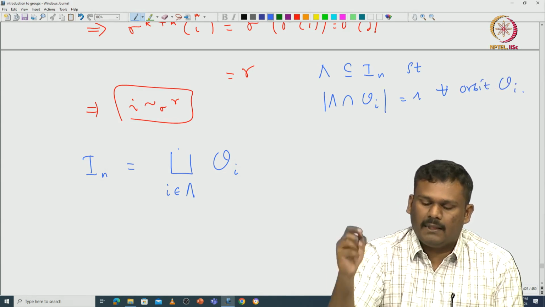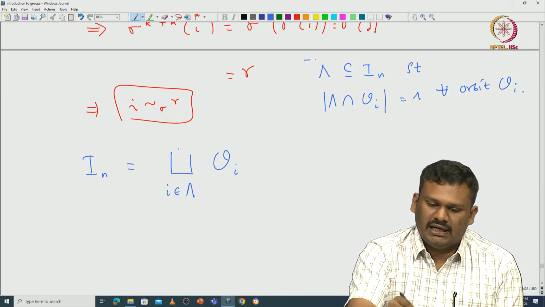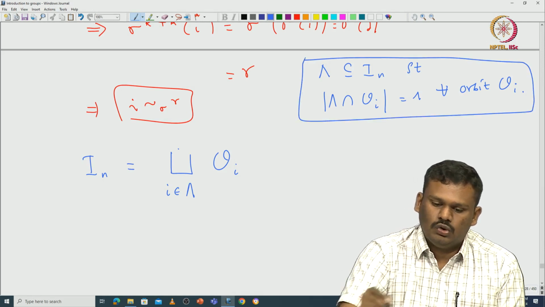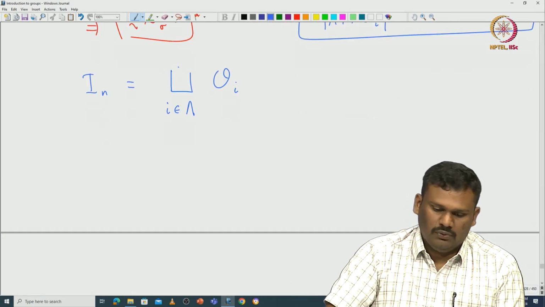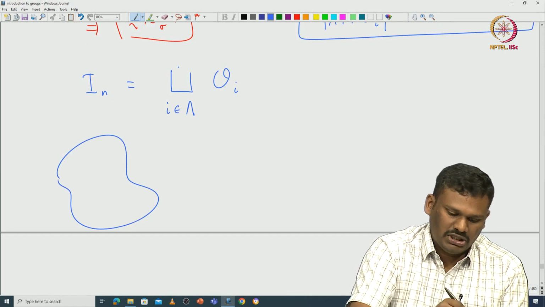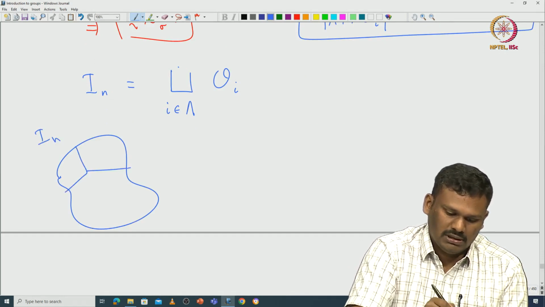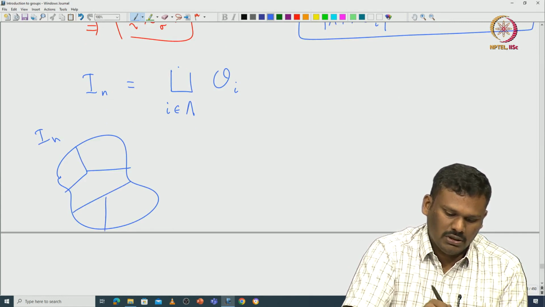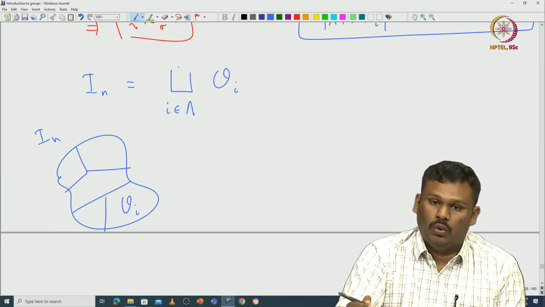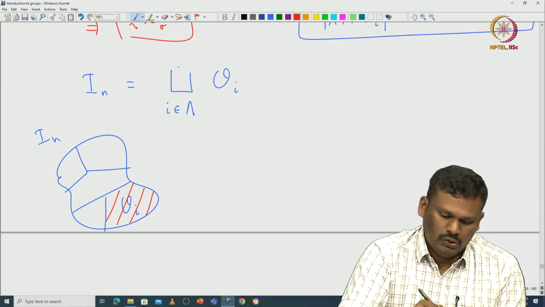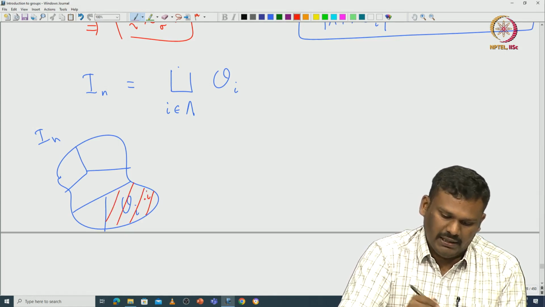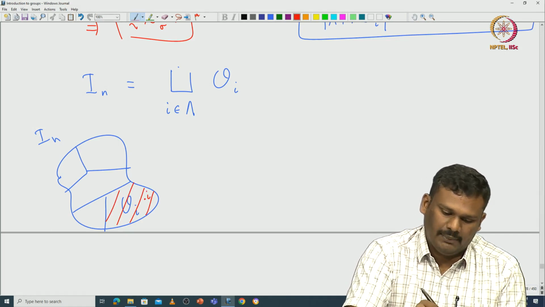Basically we have partitioned I_n into smaller subsets, which are orbits O_i. In each O_i you collect one element i, and then you form this capital Lambda.